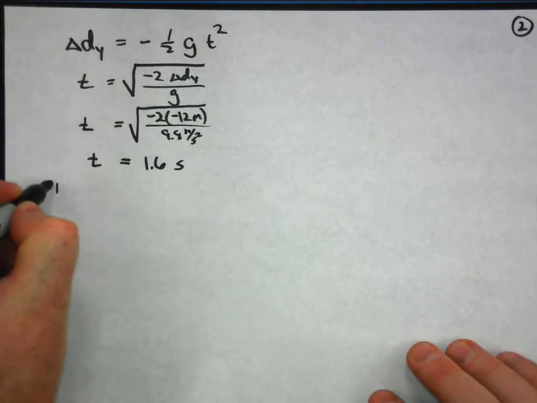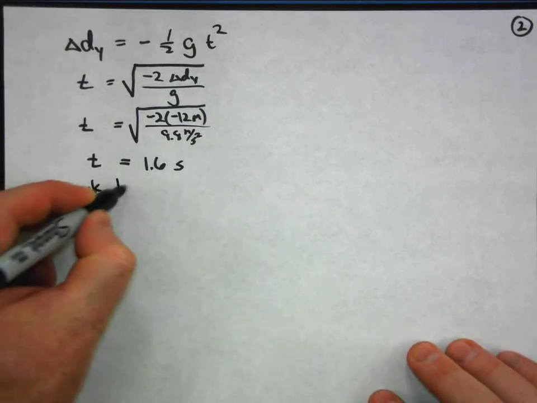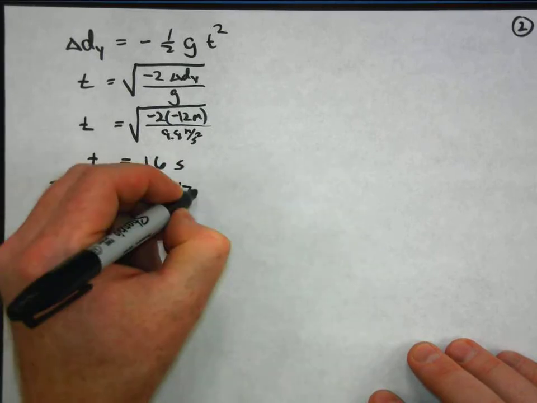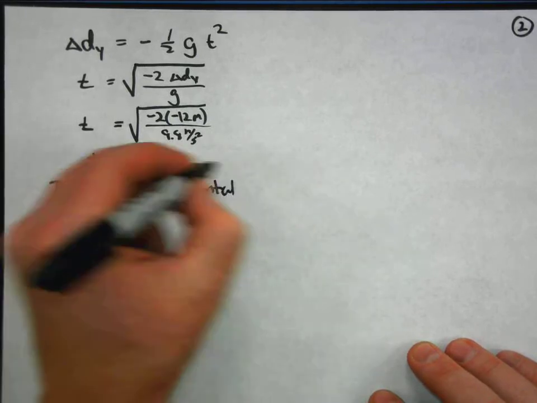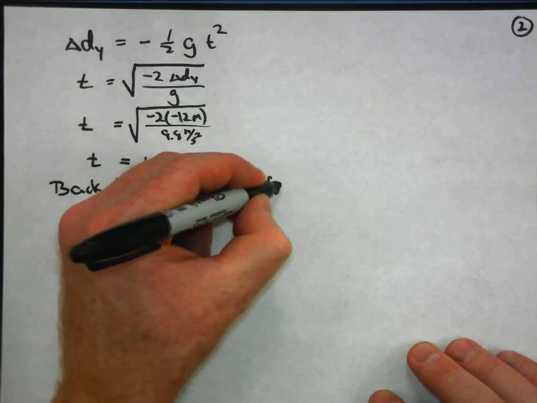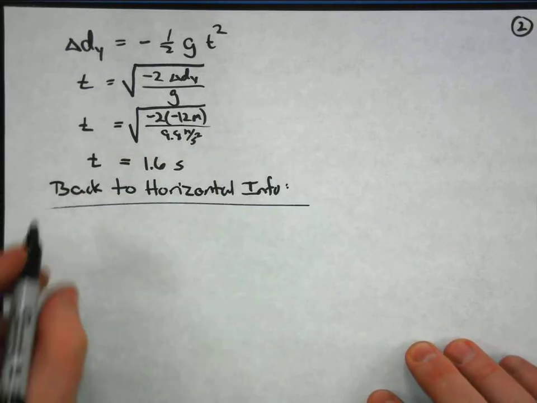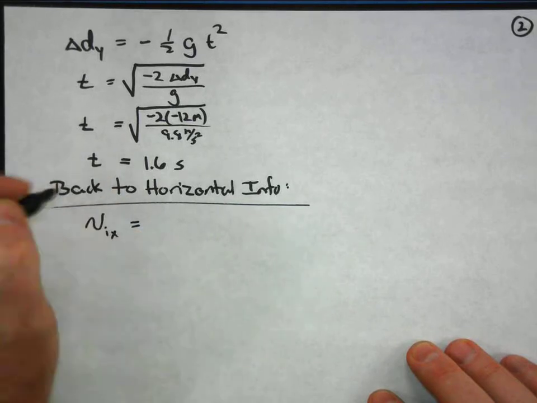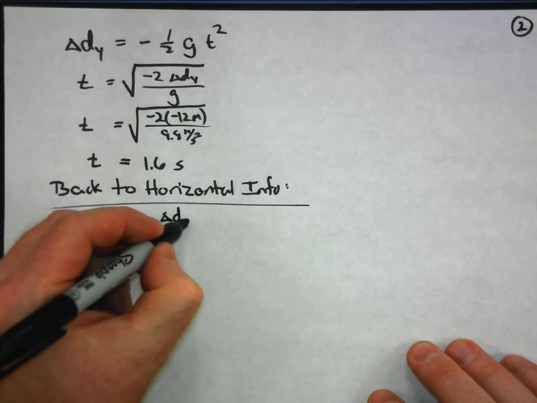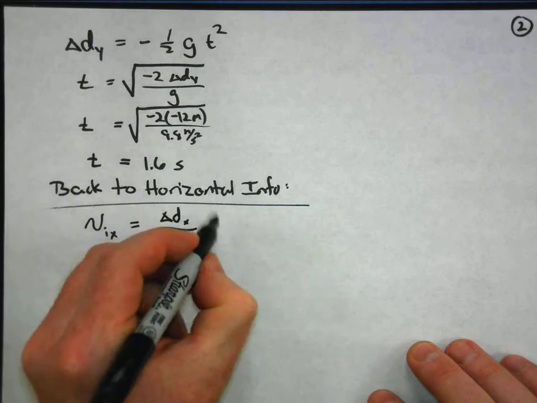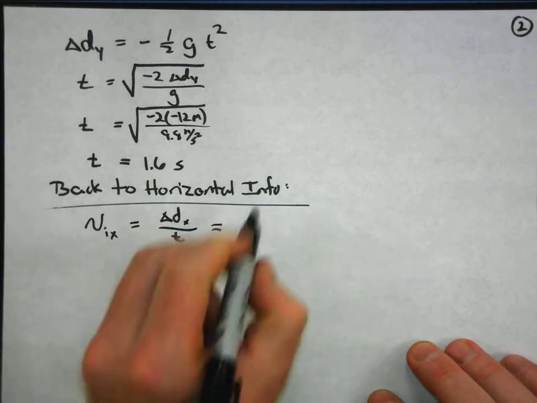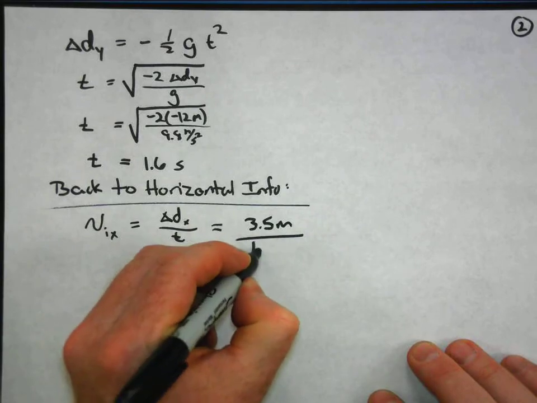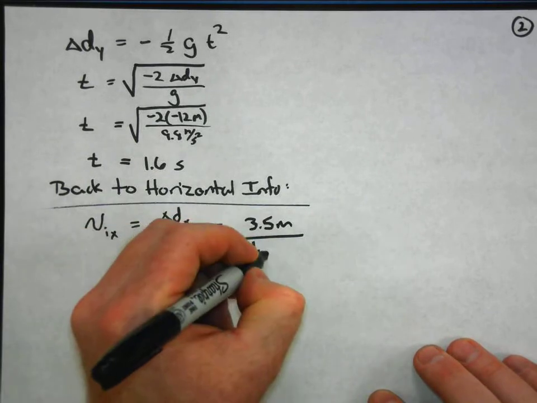And so I go back to looking at horizontal information. And that equation for the initial velocity in the x direction is displacement in the x direction divided by time. That's easy enough. And now I know that that's 3.5 meters. And my time now, I know, is 1.6 seconds.